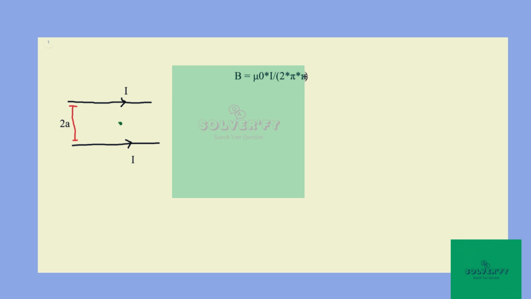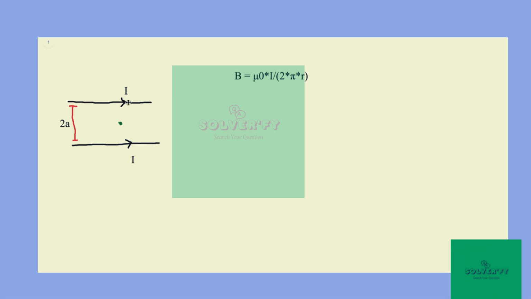So the distance between the point that we were considering and the wire, that's r. So in this case, when the point is halfway in between, we know that I is the same in both cases, so those are equal. And it's going to be an equal distance. It's going to be a distance of A from both of these wires. So the magnitude of the magnetic field coming from both of these wires at this point is going to be the same.